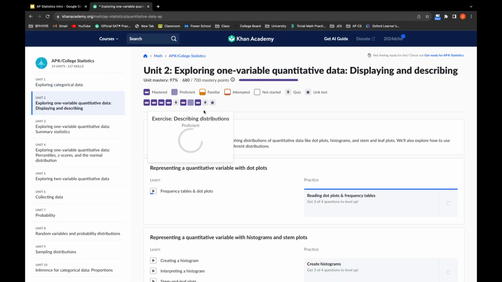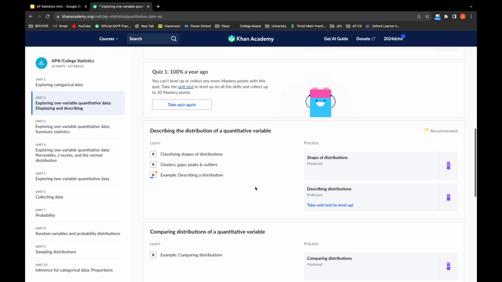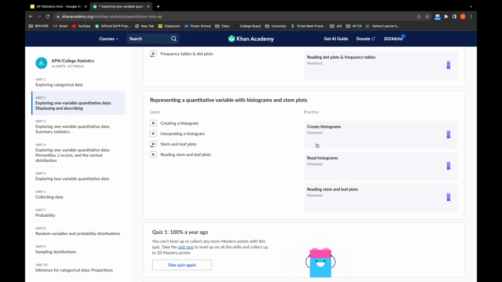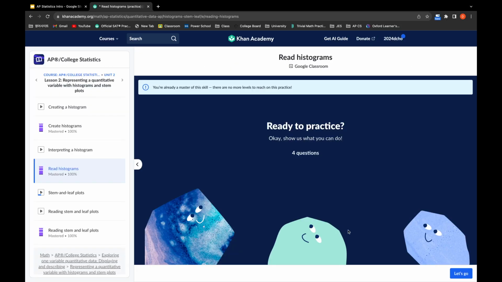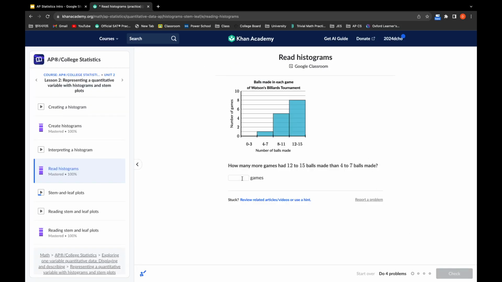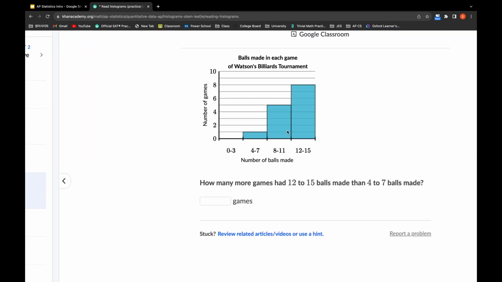Histogram. Read histogram. So it says you should always read the title first. It says balls made in each game of Watson's Billiard Tournament, and number of balls made and number of games.